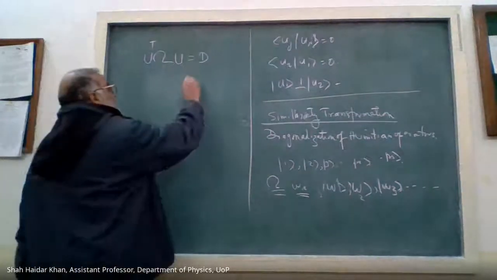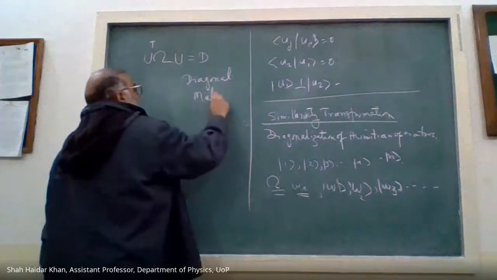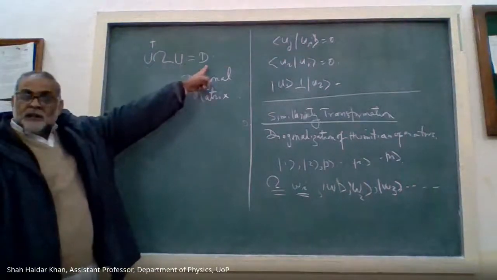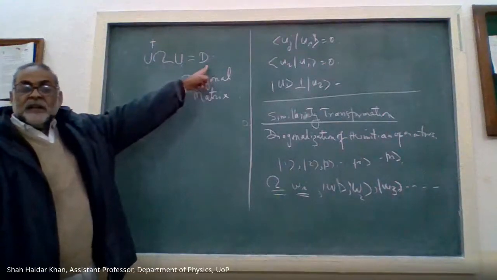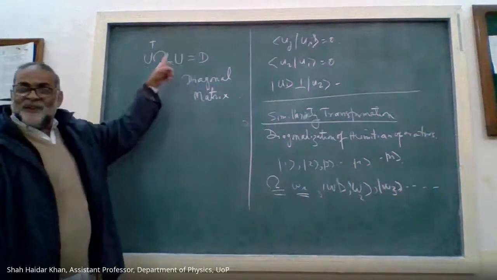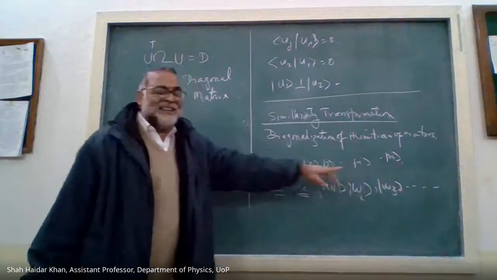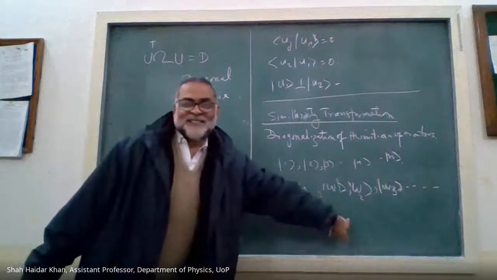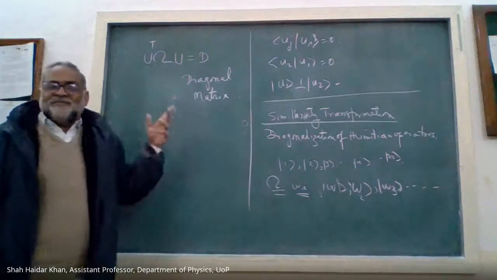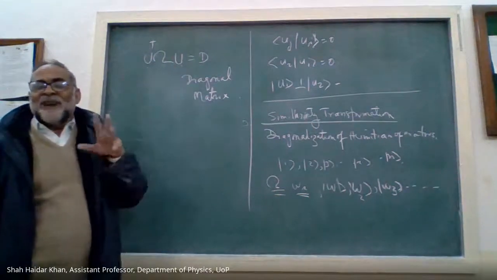This is the diagonal matrix. This thing, D, is the same as omega. But omega is in some basis, and D is in the eigenvector basis. So omega and D are the same; the only difference is you are using different bases.